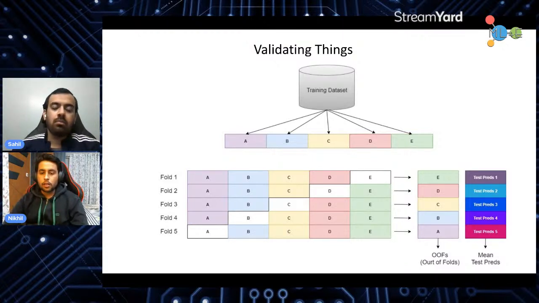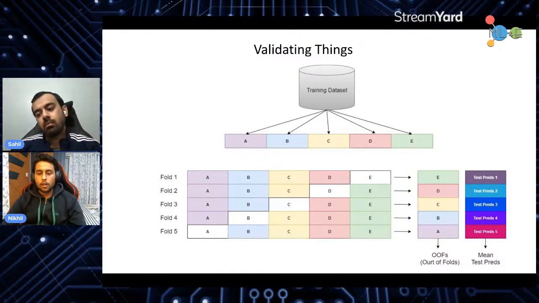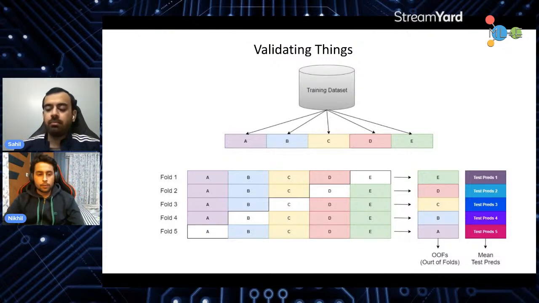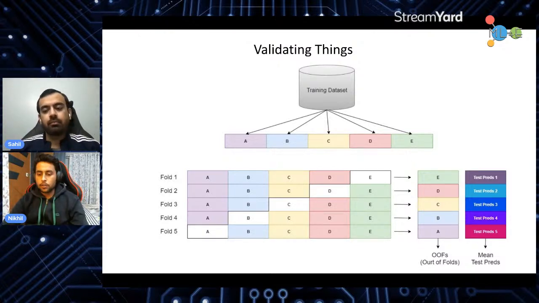Like you can see in this diagram, I have split my data into five different parts. So in fold one, I'm using A, B, C, and D for training and E for validation. Similarly, in fold two, I'm using D for validation, and then we go on to C, B, and A. So, what is the advantage of k-fold approaches?